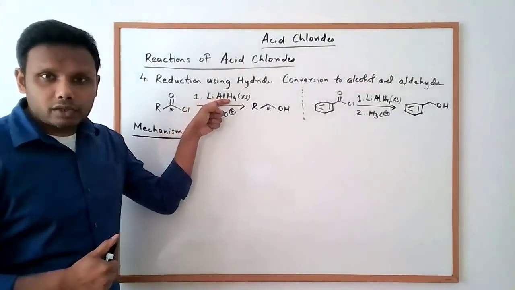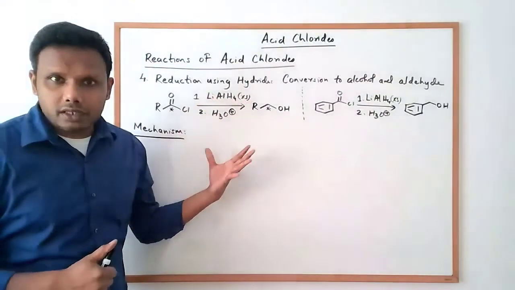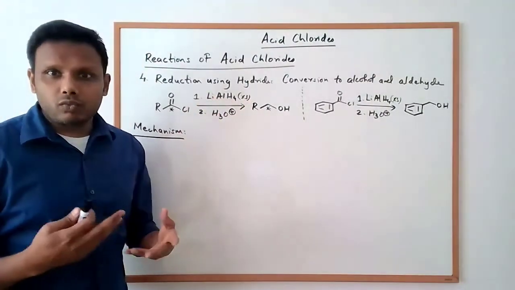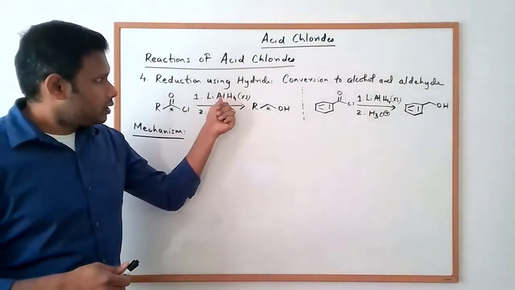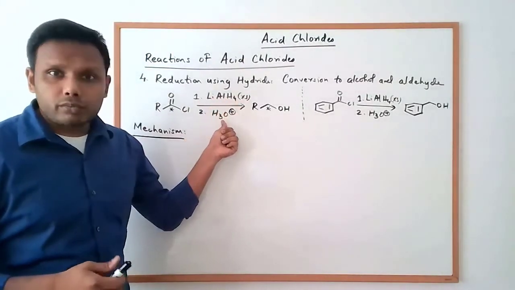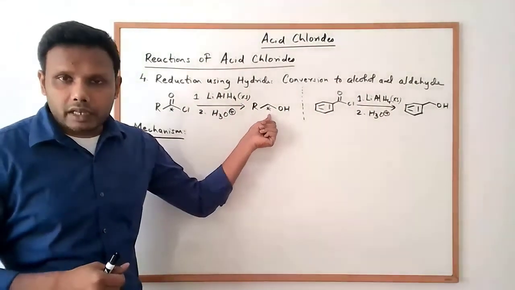So lithium aluminum hydride in excess. Okay, and we'll talk about why we need the excess and what would happen if we don't use an excess. So lithium aluminum hydride excess followed by a workup acidification to give you the primary alcohol.